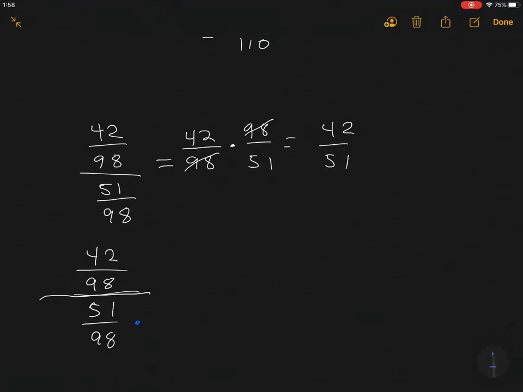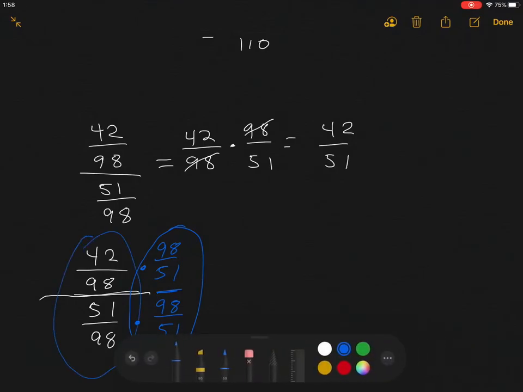I'm going to choose a clever number to multiply by. Top and bottom, I'm going to multiply by the reciprocal of the denominator, right? So the reciprocal of the denominator is 98 51sts. And if you think about it, what is this fraction equal to? 98 51sts divided by 98 51sts, that's just equal to 1, right? So it's like I'm taking the first fraction and multiplying it by a really weird form of 1.